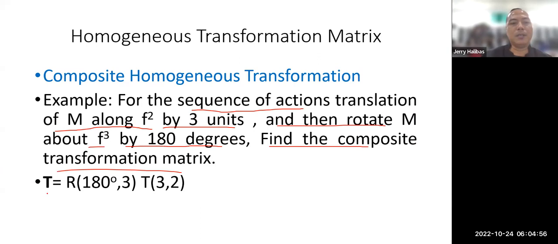So this is the notation for the transformation matrix. For the rotation, 180 degrees about fixed frame 3, the third fixed frame axis. And the translation is by 3 units along the fixed frame 2 axis.